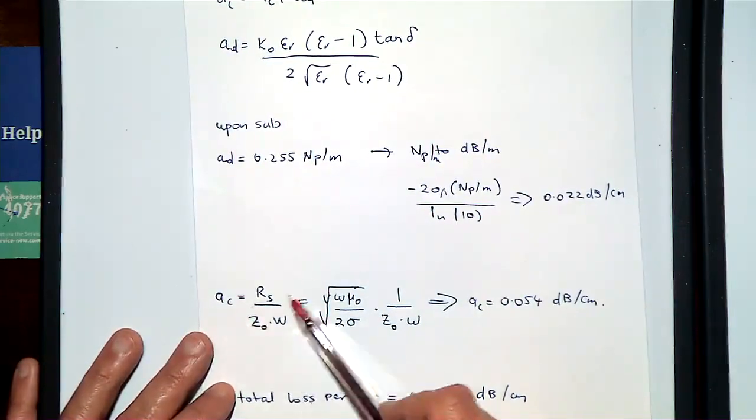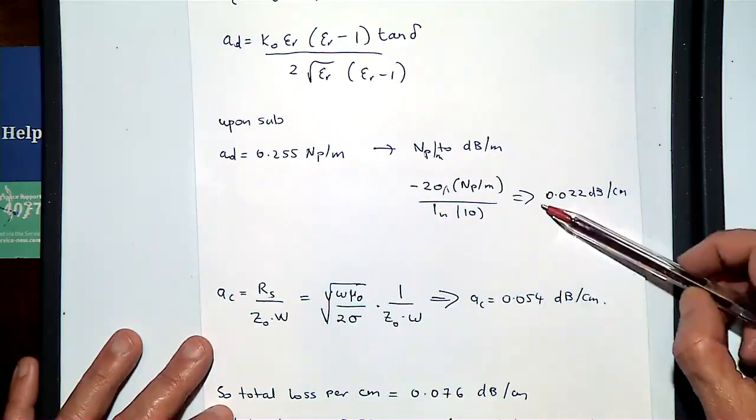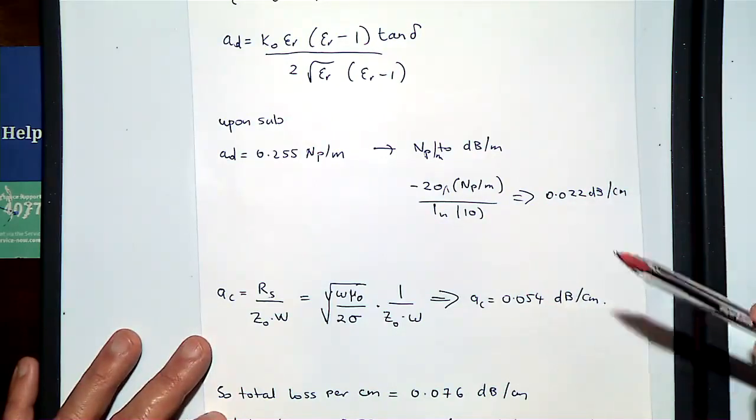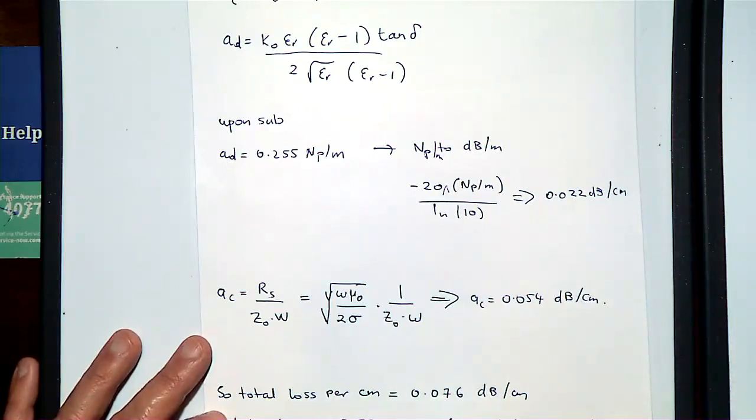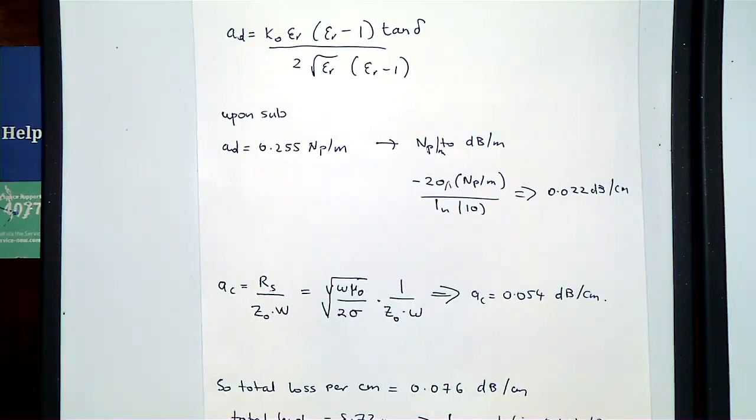Of course, here I've also calculated the conductor loss, then I add the two and calculate the loss per centimetre. So for 8.72 millimetres, you get an effective loss of 0.1 dB, which is nothing in this particular case. But as I said, this is a very good material with a very low loss tangent.